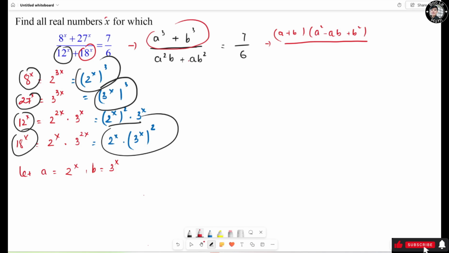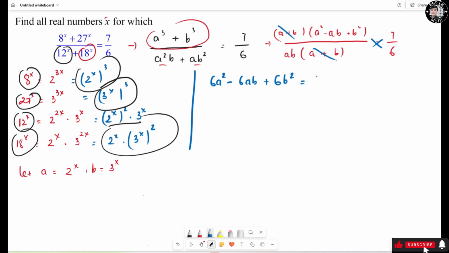For the bottom, we're going to factor ab out, so it turns out to be a plus b, equals 7/6. Now these two cancel out, and we're going to cross multiply, so it's going to be 6a squared minus 6ab plus 6b squared equals 7ab.